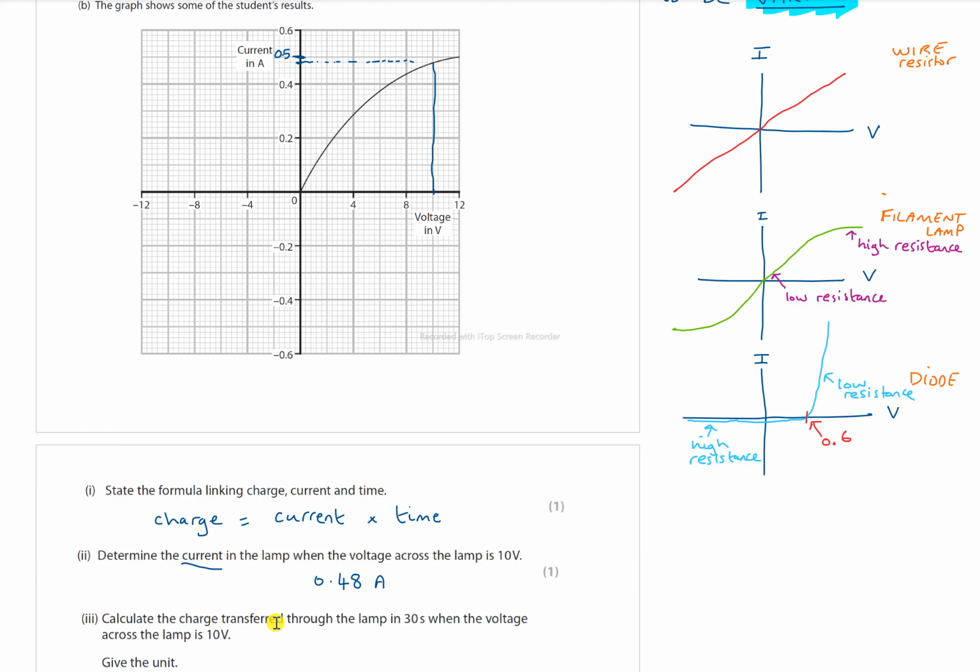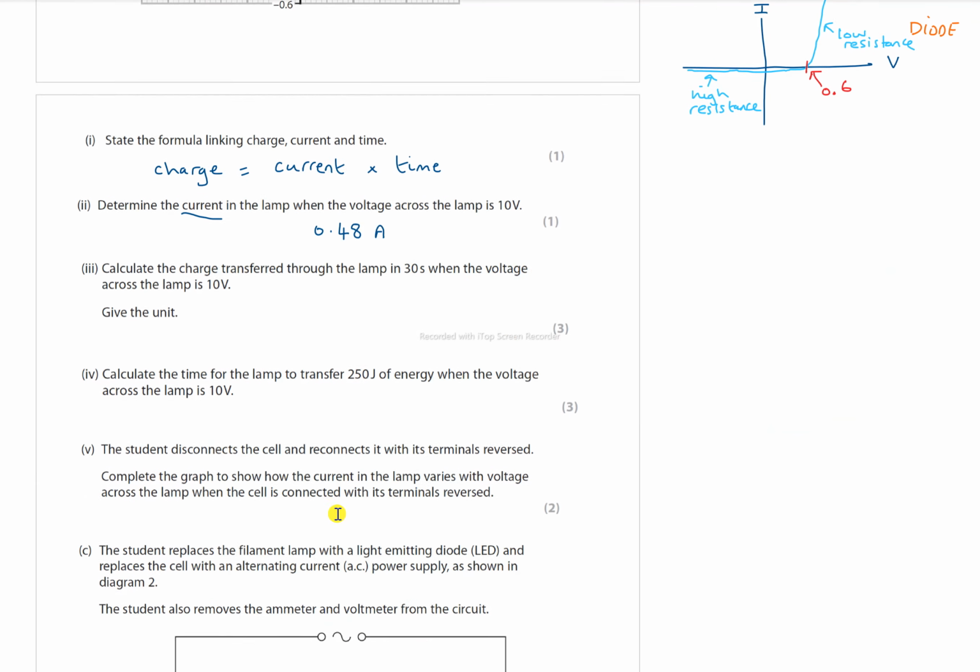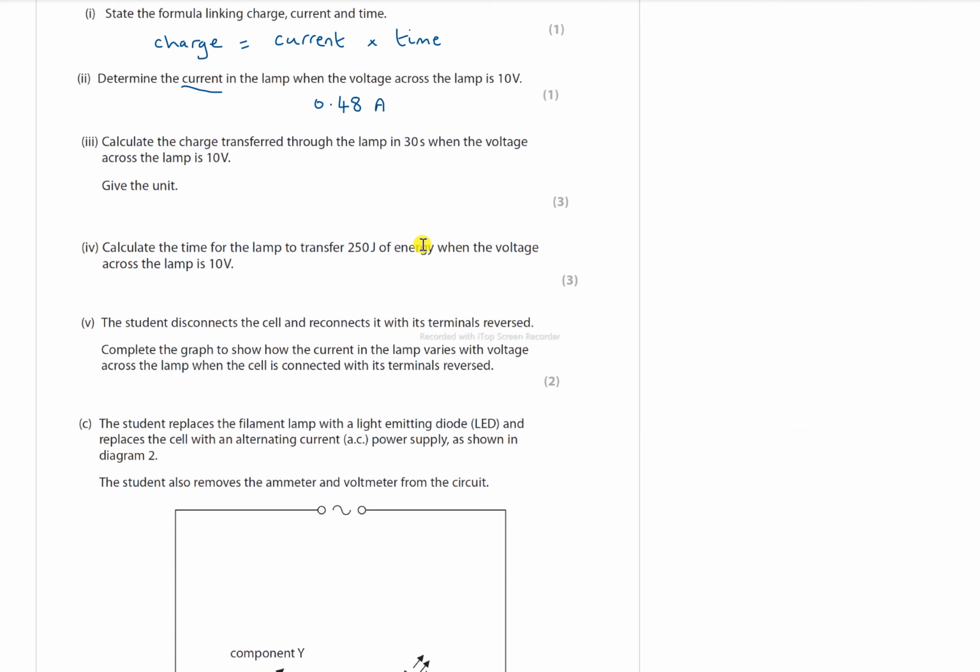Calculate the charge transferred in 30 seconds. Okay, so we know the formula. Charge equals current times time. They want us to work out the charge. We know the time is 30 seconds.